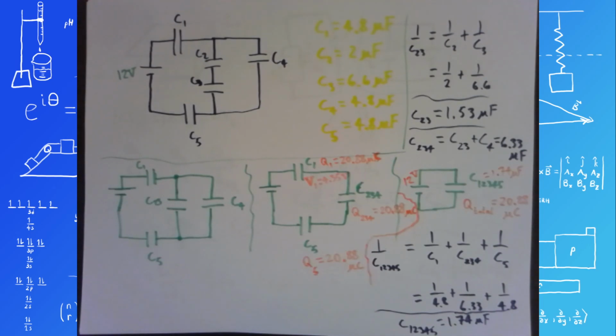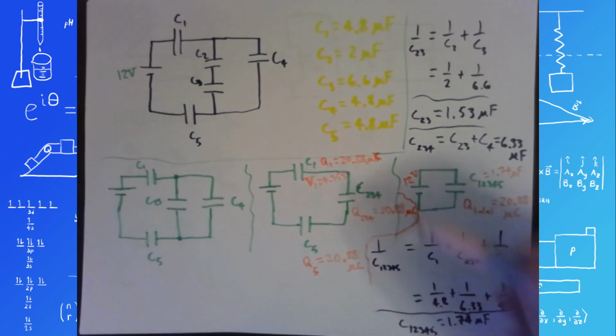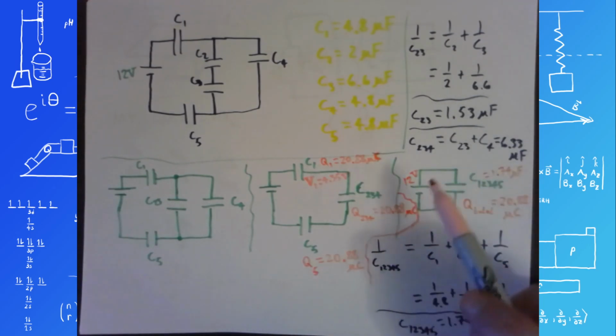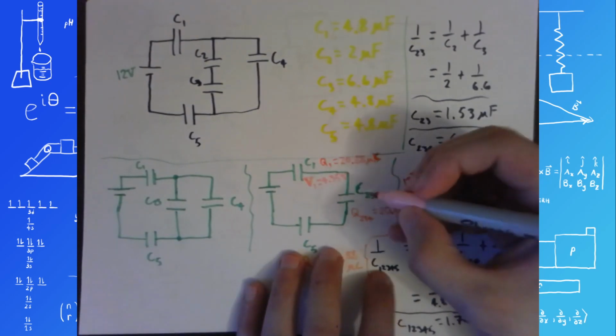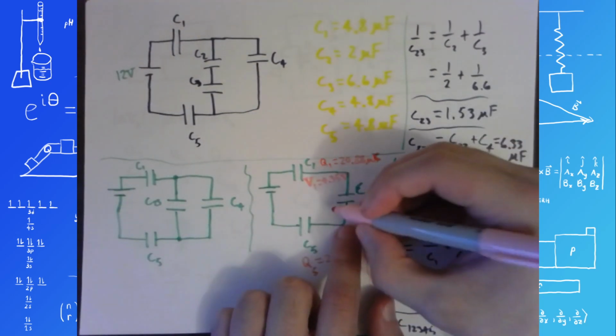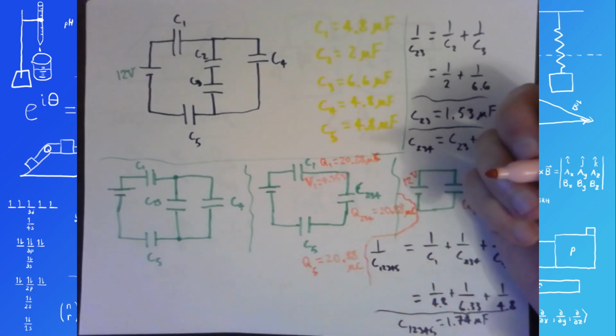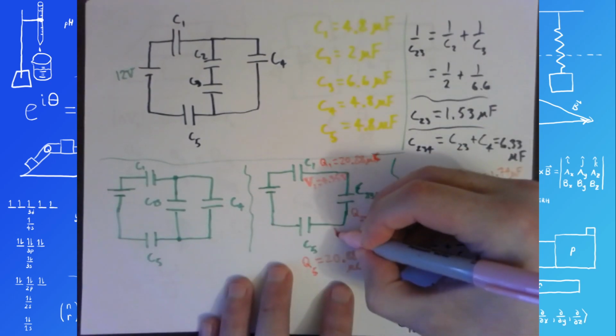And then for 234, the capacitance was 6.33, so Q over C, 20.88 over 6.33 gives me about 3.298, so 3.30 volts. I guess I'll write it here.